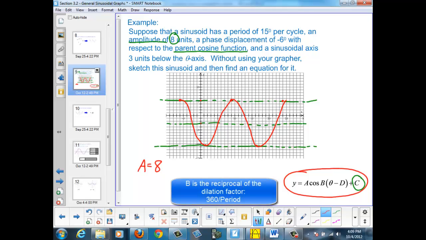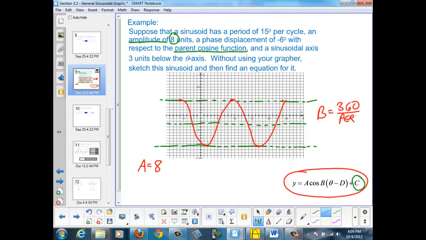And we came up with that relationship where B equals 360 over our observed period. So in this case, our observed period was 15 degrees. So our B value is going to be 360 over 15, which turns out to be 24.